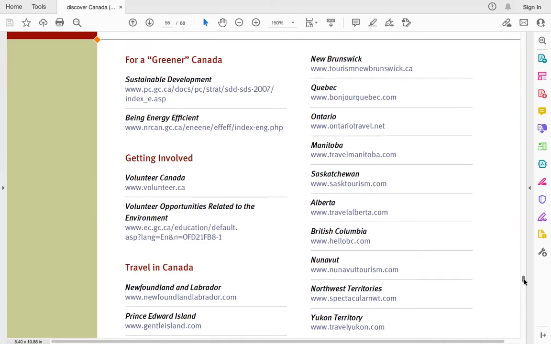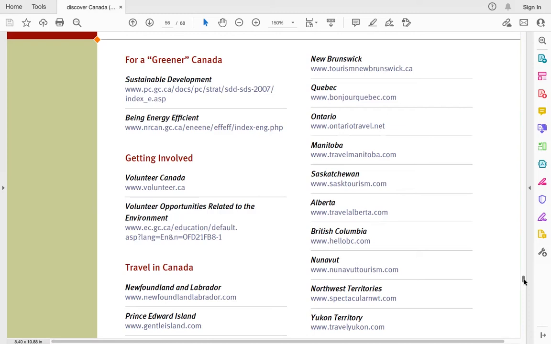Volunteer opportunities related to the environment, www.ec.gc.ca/default.asp?(0FD21FB8-1).